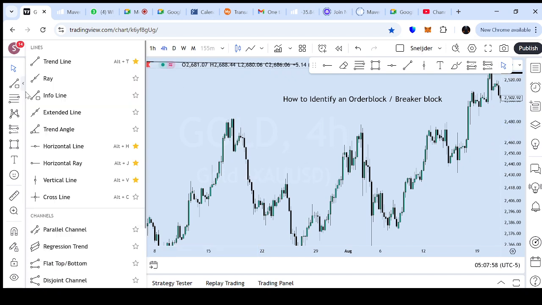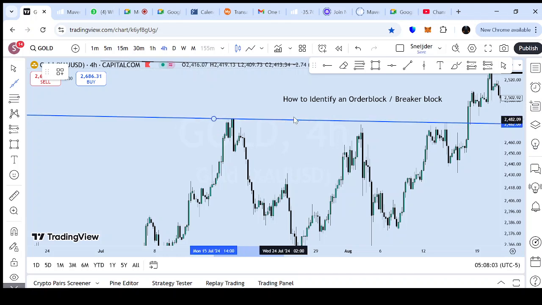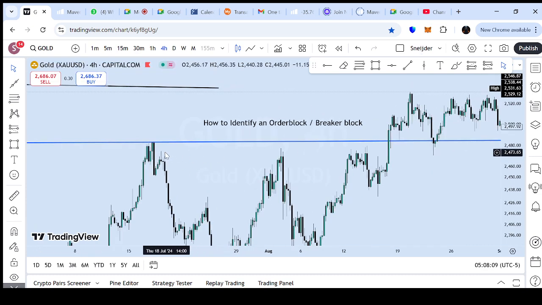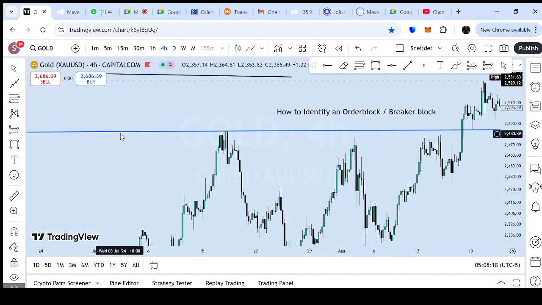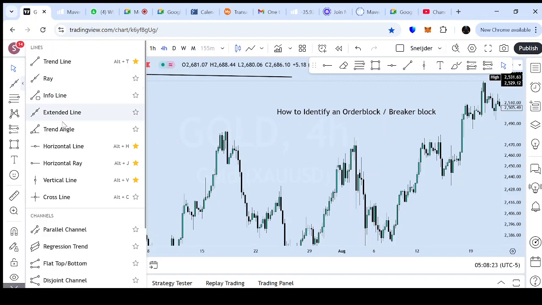Then for extended line, something like this. Here is a breaker, all-time high. You can see it here, acting as a support level. You can remove it. Then for trend angle, all these ones, it's not really necessary.